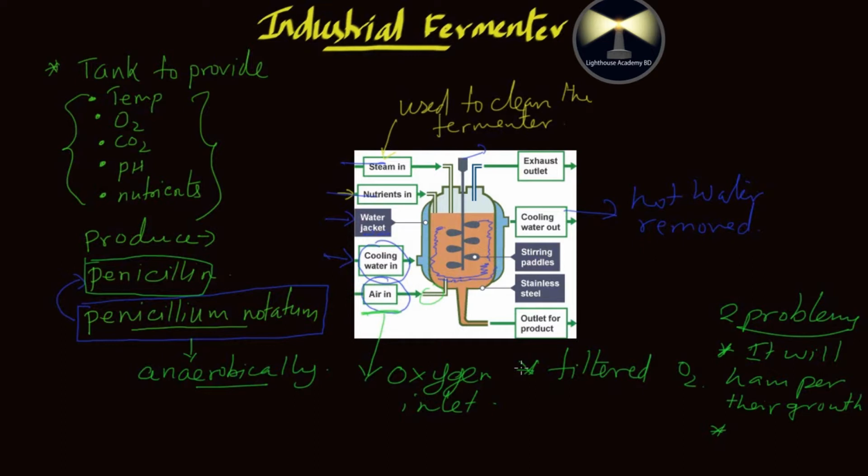So the penicillin will be contaminated. The product will be contaminated, you can say. So as a result the product will not be pure. So for that reason we filter the air so that no microorganism could enter the fermenter.